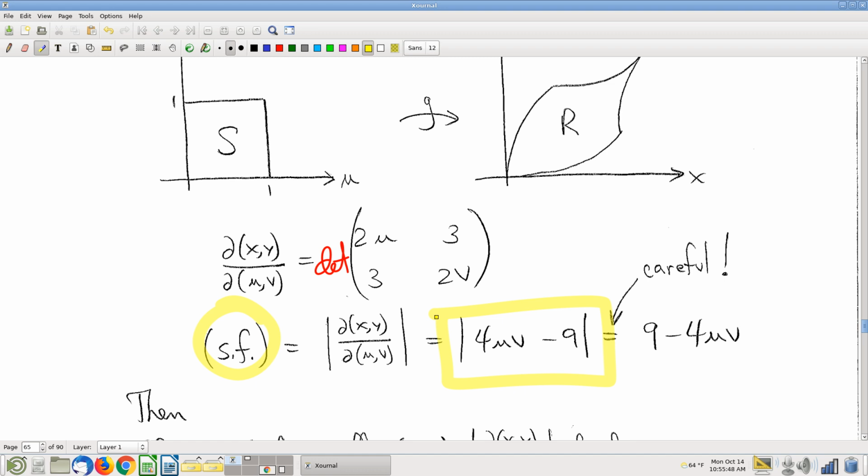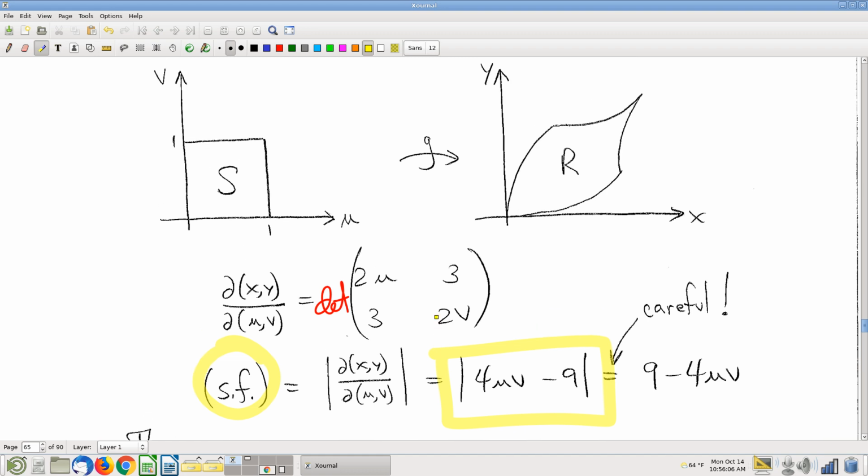And so let's think through now, what do we do with these absolute values? How do I know if 4uv minus 9 is positive or negative? Or is it sometimes positive, sometimes negative? How do I deal with this? The way to deal with this is actually looking at us on the page right now, because you can see explicitly what u is.